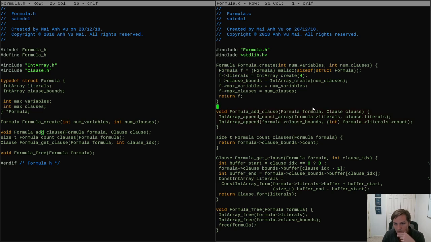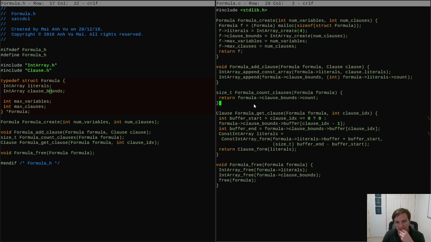So let's go look at that in a minute. Clause bounds. I don't know what to make of that yet, but it's just an array of integers. Okay. Something there I don't quite get yet. Somehow we're specifying the clauses in this data structure, but I'm not sure how.